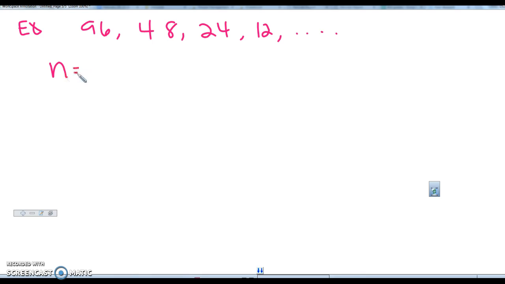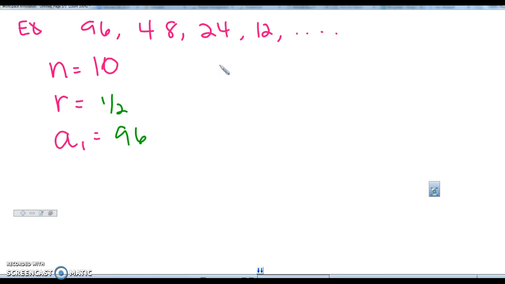And I want you to find me the 10th term in the sequence. So n is going to be 10. Find out what r is. Tell me what a sub 1 is. And then we can plug that in and find the 10th term in the sequence. But first give me r and a sub 1. We should have gotten that r is 1/2 and a sub 1 is 96.